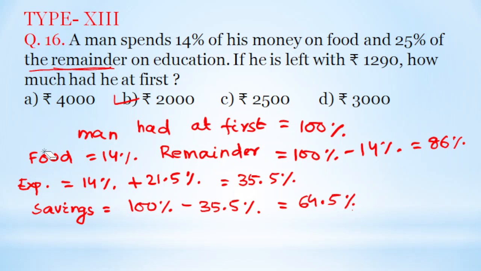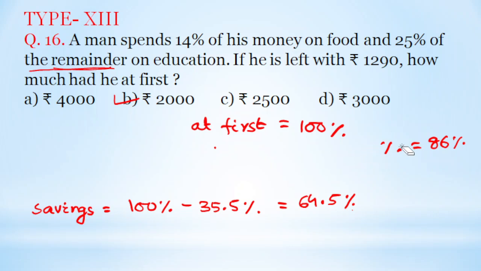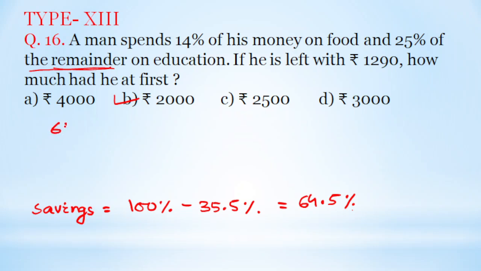Now it is given that 64.5% is equal to 1290.